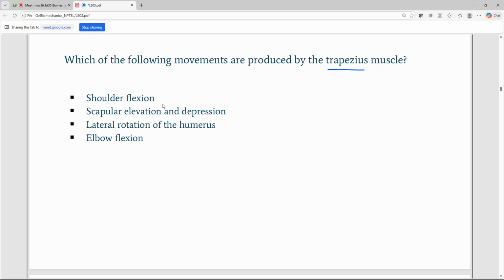Options are shoulder flexion, scapular elevation and depression, lateral rotation of the humerus, elbow flexion. So which of the following movements are produced by the trapezius muscle? Is it shoulder flexion, scapular elevation and depression, lateral rotation of the humerus, or elbow flexion?